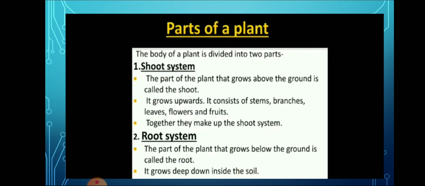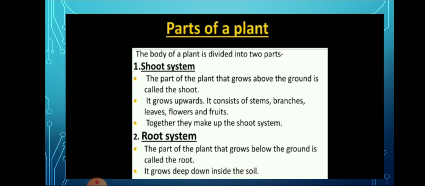Parts of a plant. Already I have told you the body of a plant is divided into two parts. Shoot system. The part of the plant that grows above the ground is called the shoot. It grows upwards. It consists of stems, branches, leaves, flowers, and fruits.